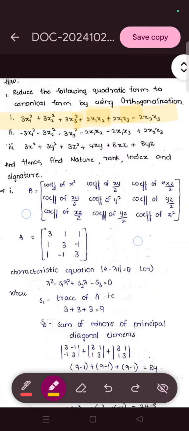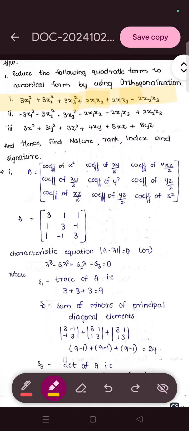orthogonalization. So first of all, we have to construct a symmetric matrix capital A, which is formed by the coefficients. In the class we discussed how to remember these things. Here, instead of x1 x2 x3 they are considering x, y, z, so no issue, you can take x1 x2 x3.